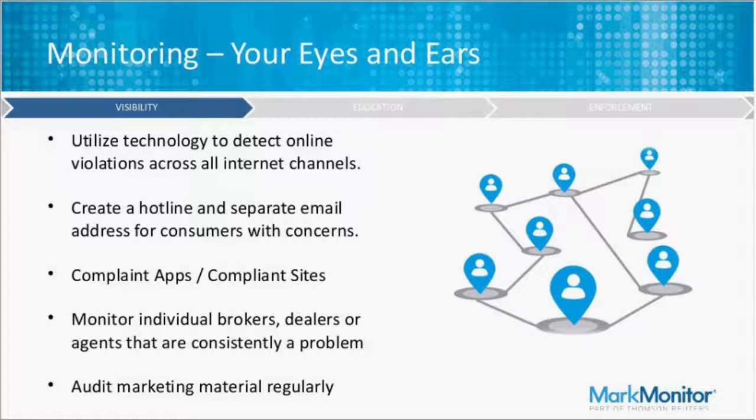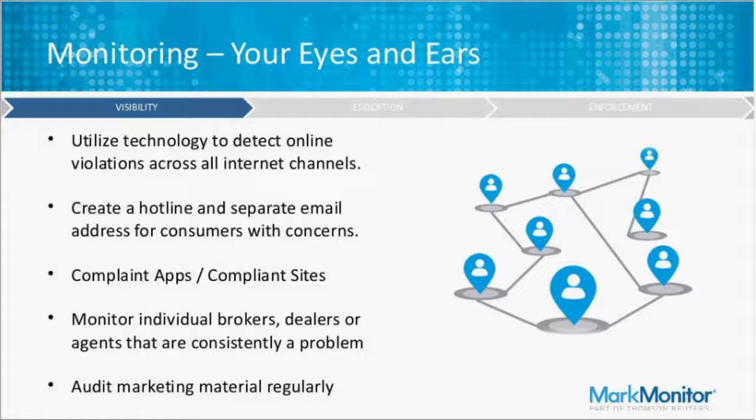So in addition to technology, I wanted to also throw some other areas out there. We've covered the fact that you want to utilize technology across all different internet channels. There are other things you can do as well. You can have a hotline on your home page that customers can call or email, essentially reporting on your own brokers and dealers.